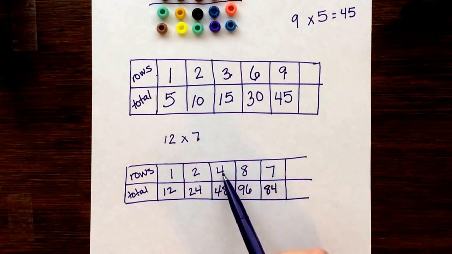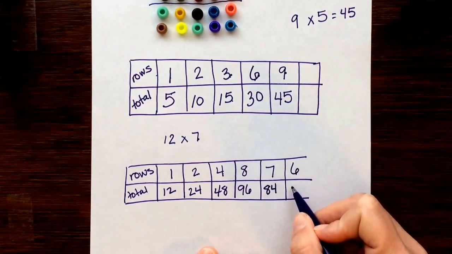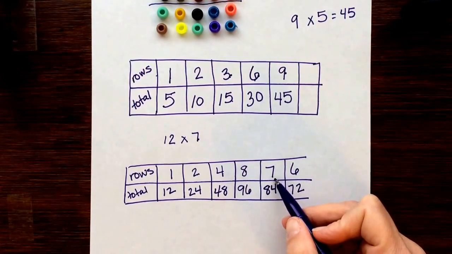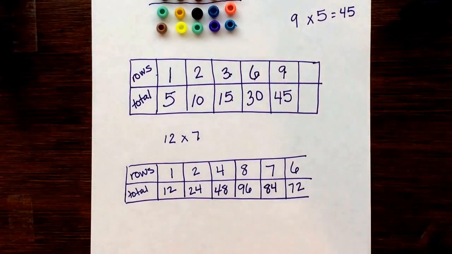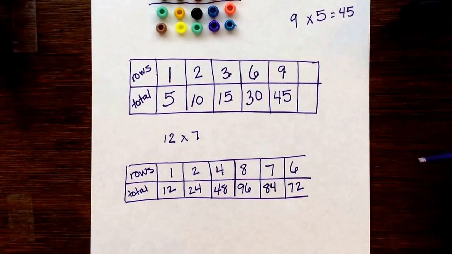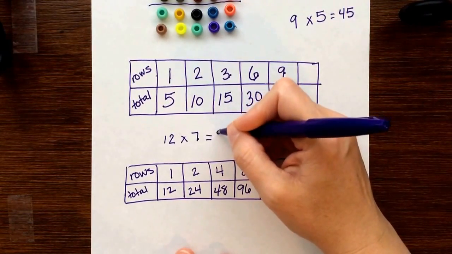I could have added the 4 and the 2 together. It made 6, which would have given me 72, and then added one more set of 12 to give me my 7. The flexibility of the ratio table allows kids to use what they know to figure out what they don't know. So 12 times 7 is 84.